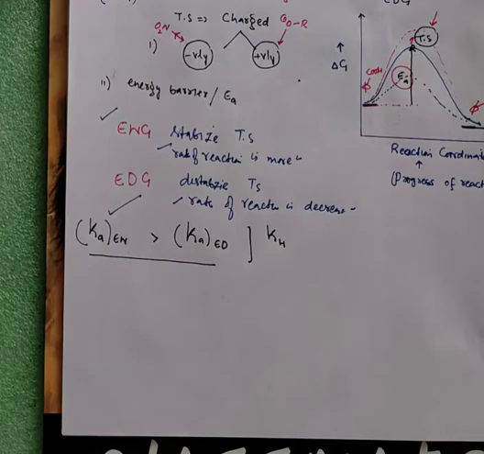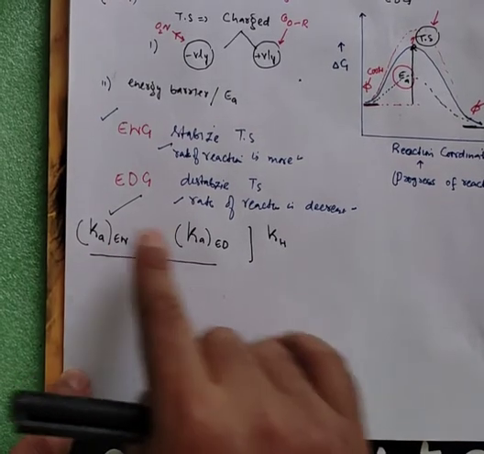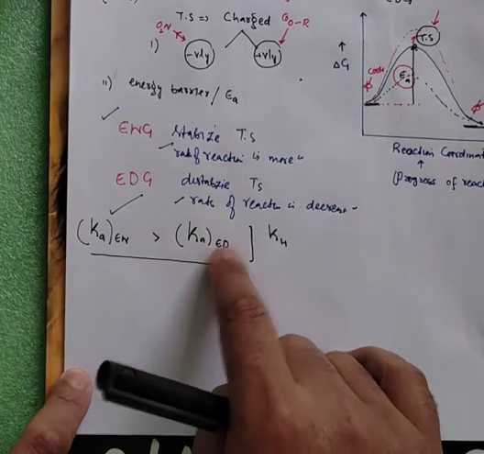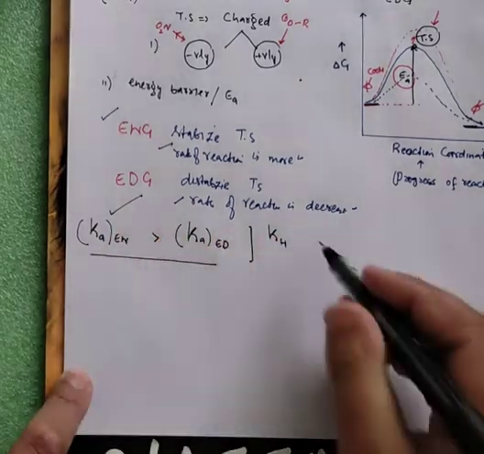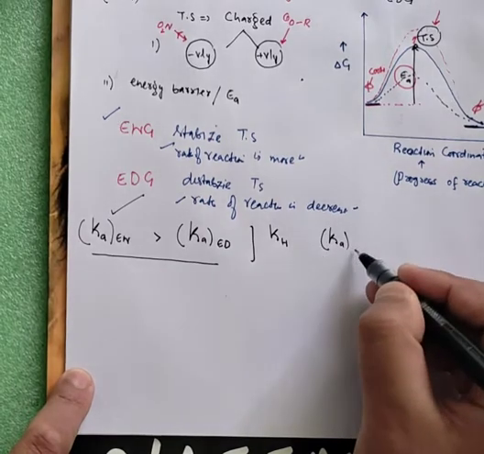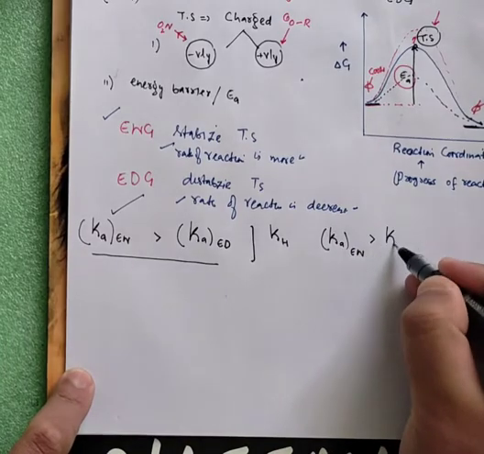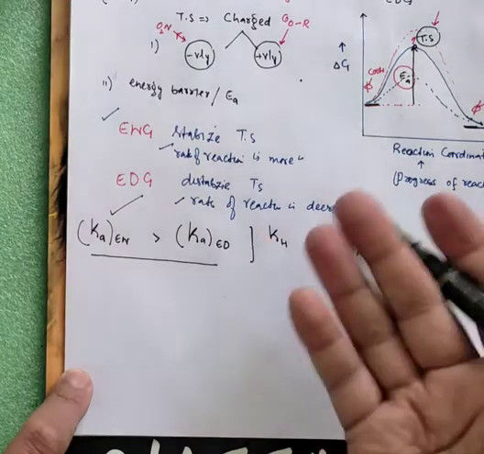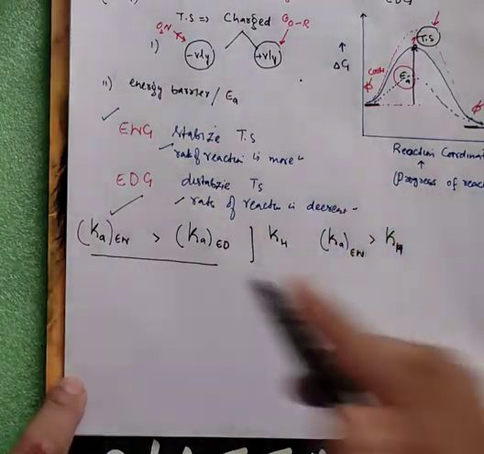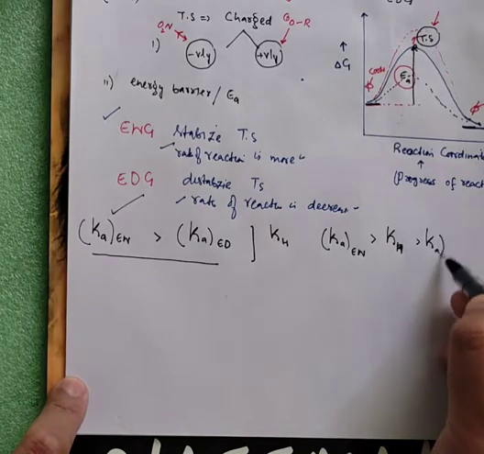So we have three types of rate constants: Ka in the presence of electron withdrawing groups, Ka in the presence of donating groups, and Kh. Now if we compare all three, the rate constant in the presence of electron withdrawing groups is followed by the rate constant in the absence of any group, because the transition state is more stable than this, and then the rate constant in the presence of electron donating groups.